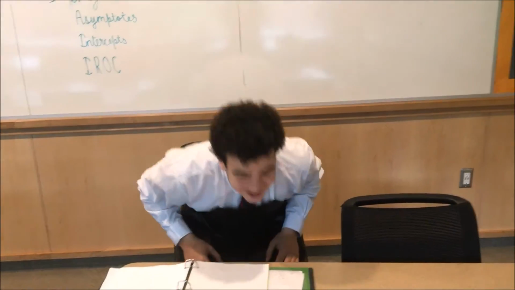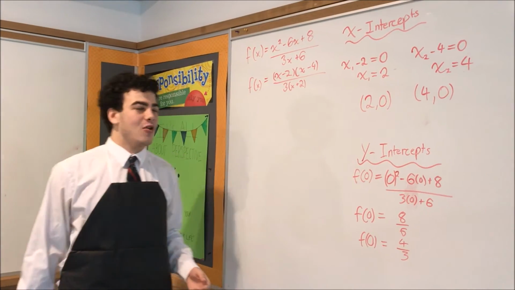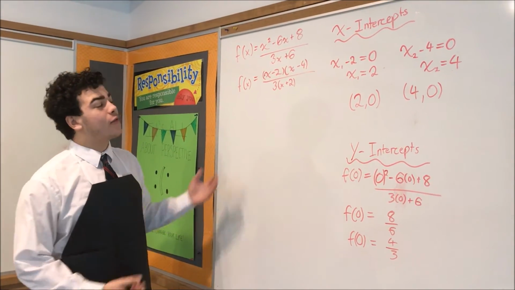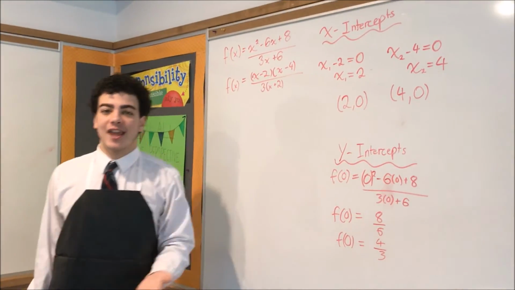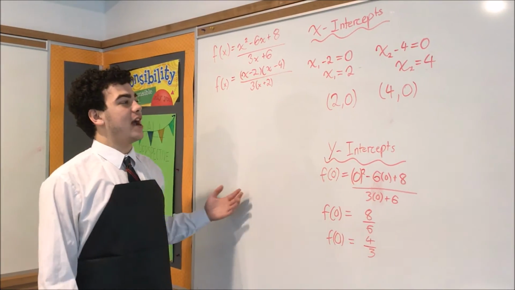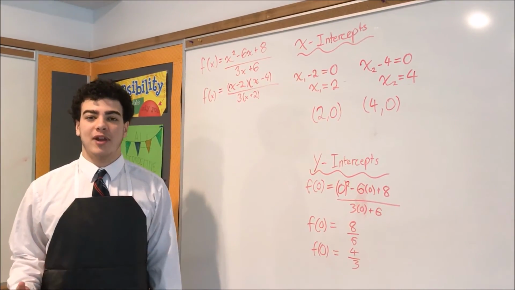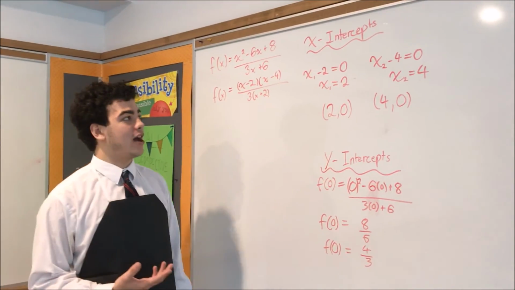Hi, I'm Kieran. I'm going to go over the intercepts of our element, or the neutralization reaction that will neutralize it. So for this, we're going to use both the raw form and the factored form. To find the x-intercepts, we're going to use the factored form, because we can easily find what values give the numerator 0, which will give the whole equation 0 as the y value.